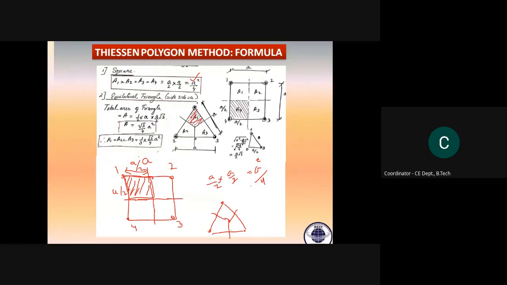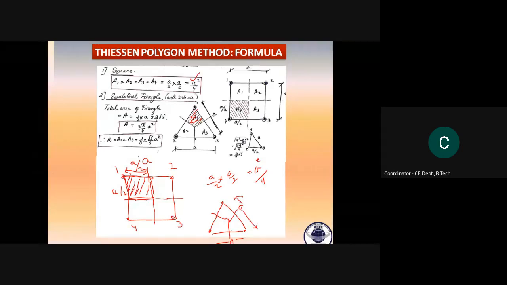What is the area of a triangle? Formula. Suppose for this triangle, this is the base, and its length is A. Here this length is also A because it's an equilateral triangle. So what is the height?